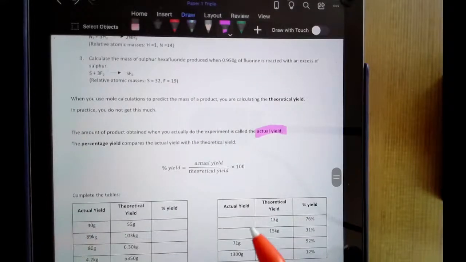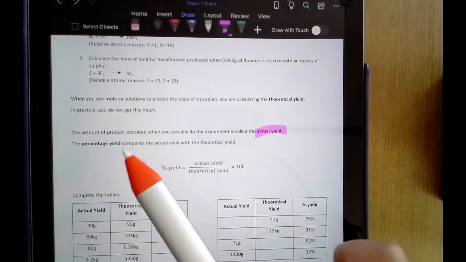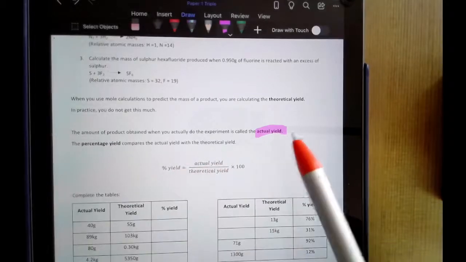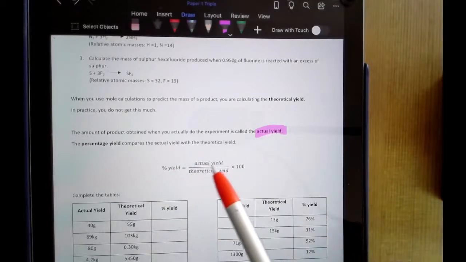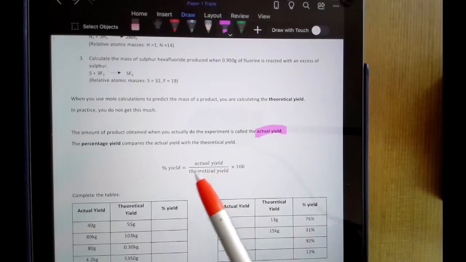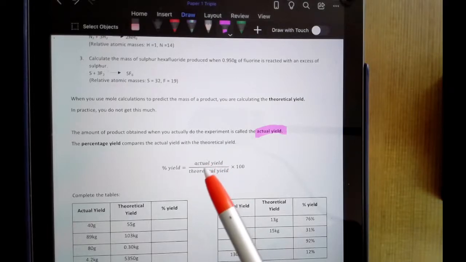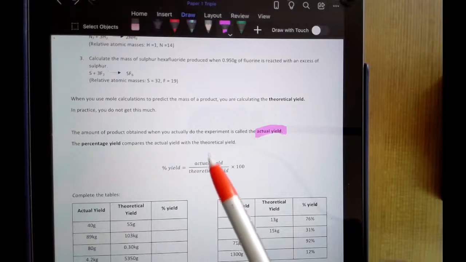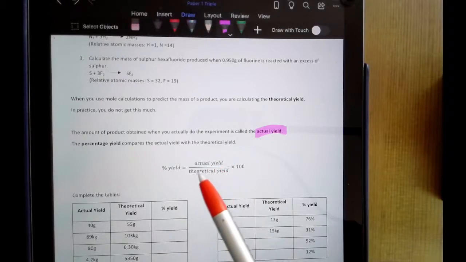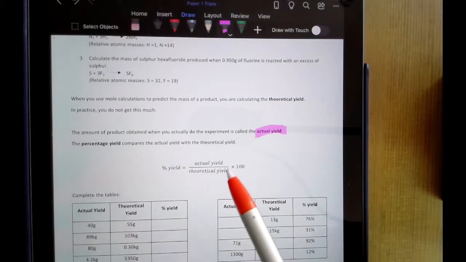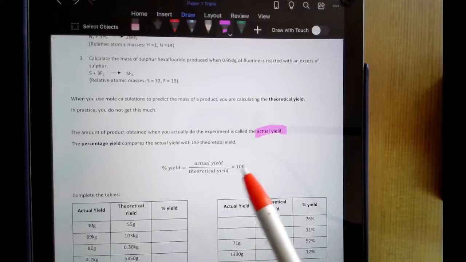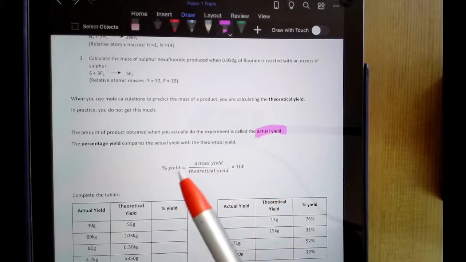And then what we're doing is we want to calculate your percentage yield. And to do that, you're going to take the actual yield, which is the amount that you actually get doing the experiment, the mass of your product at the end, and you divide it by the amount that you should get, your theoretical yield, and then you multiply it by 100, and that's your percentage yield.